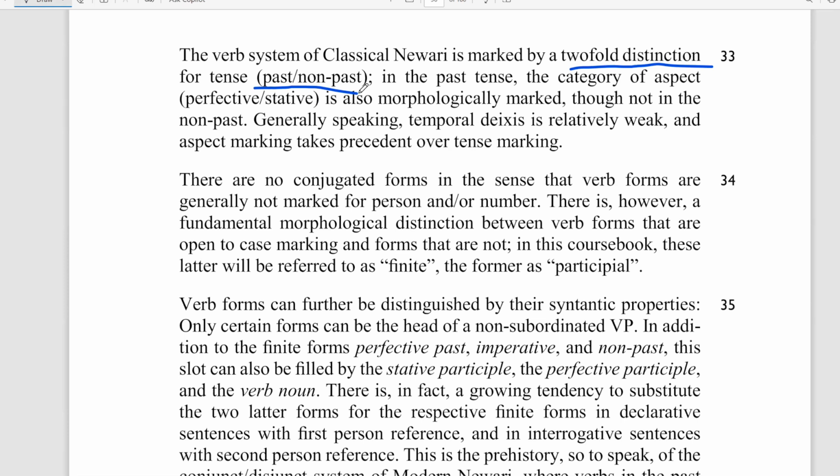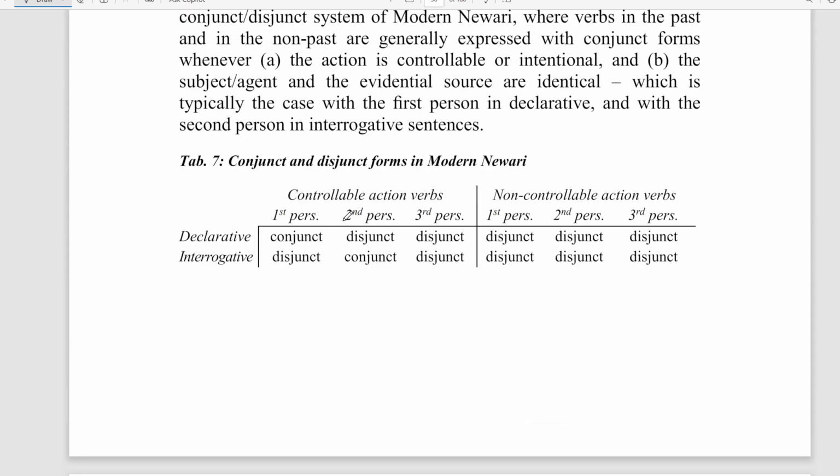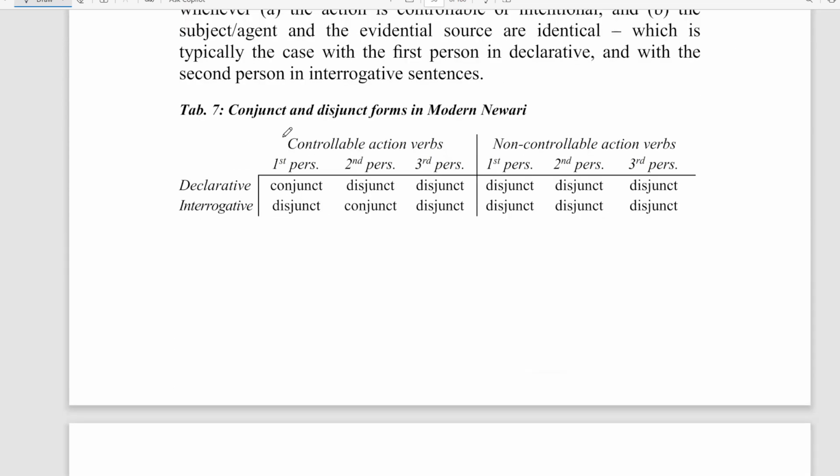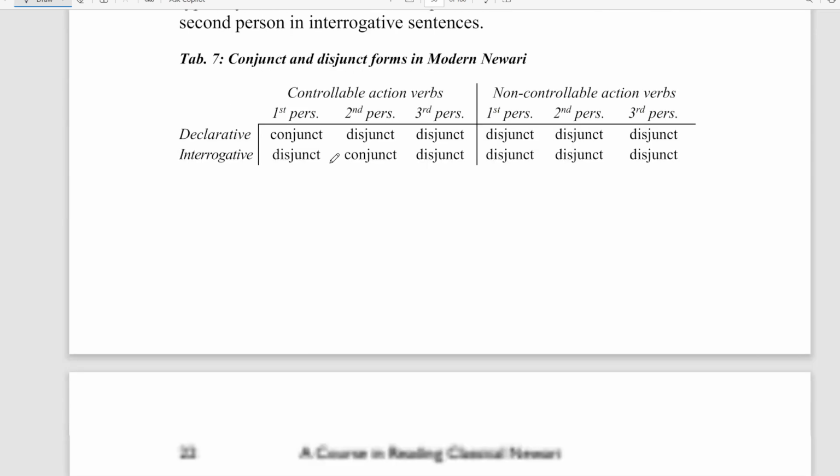For the past, you have perfective past or perfective participle, and for the non-past side, you have the verbal noun, and also we have other things like imperative, and stative participle, and we are going to learn it in these few days. And we have conjunct and disjunct forms in Newar, both in the classical one and in the modern one.